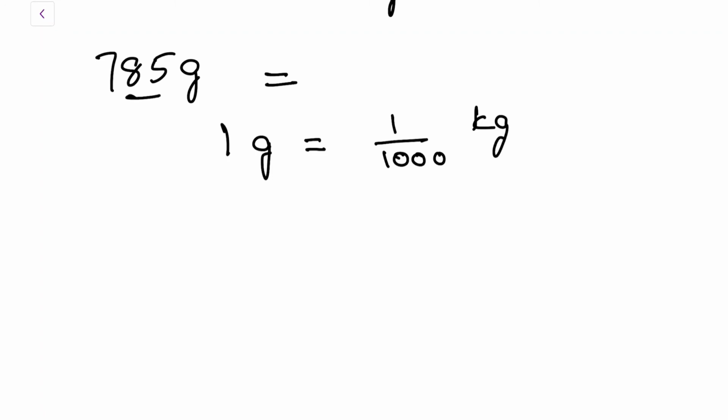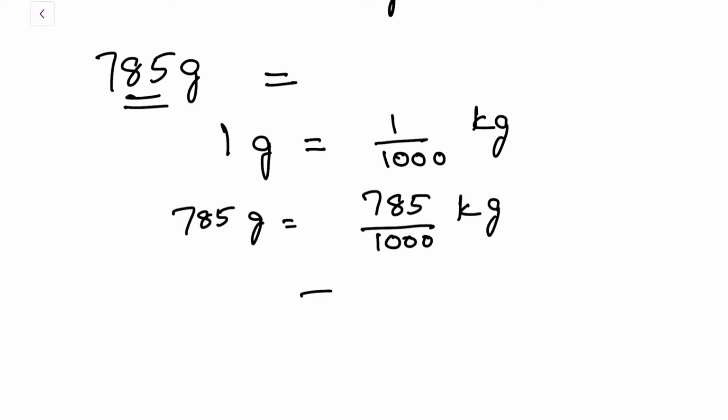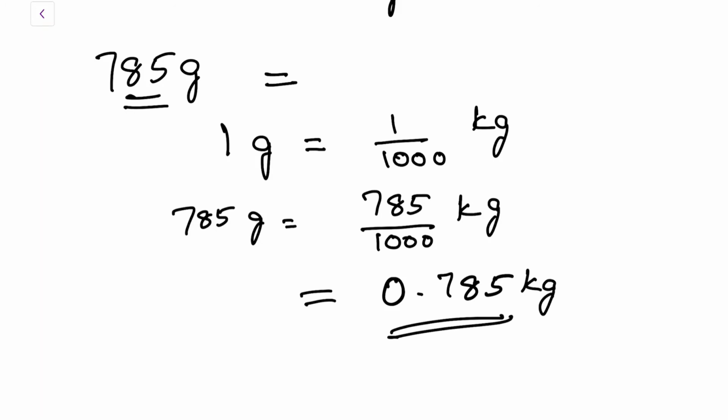So 785 grams will be what? 785 divided by 1000, correct? kg. So that is nothing but 0.785 kg. There you go. This is how you can write it. 785 grams can be written as 0.785 kgs. You just need to do the conversion from grams to kgs.